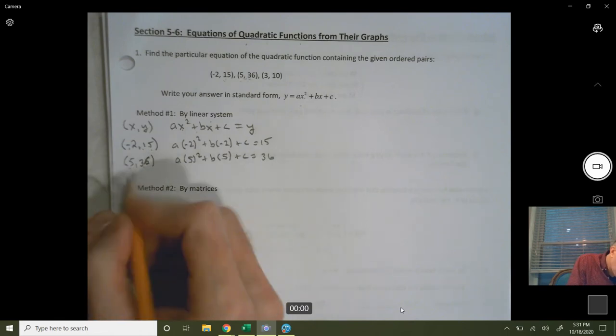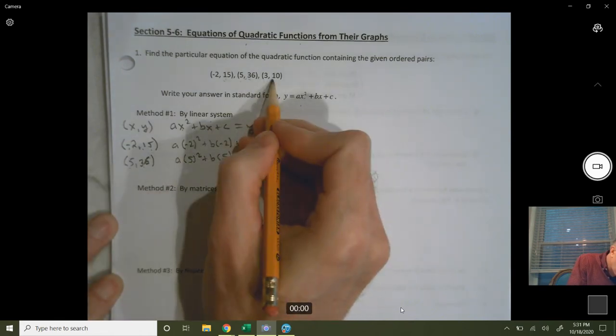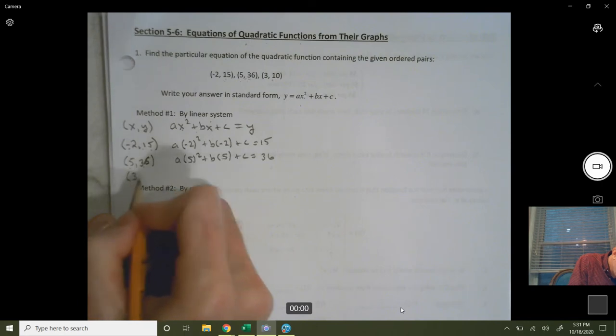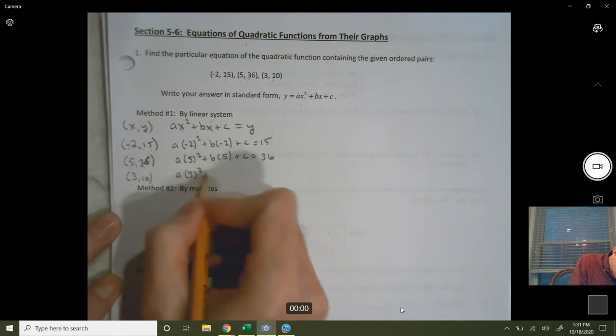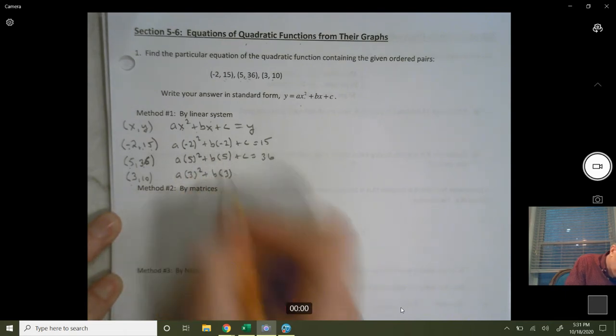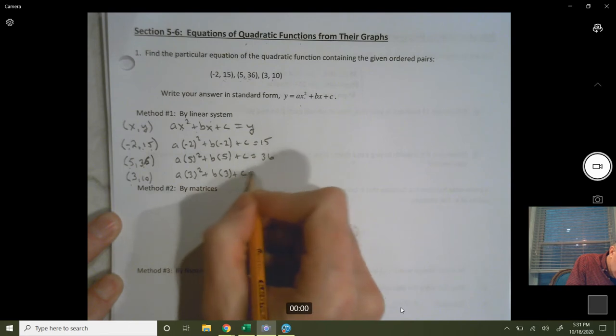And with the last ordered pair, 3 comma 10, I can come up with a third equation: a times 3 squared plus b times 3, plus c is equal to our y value of 10.